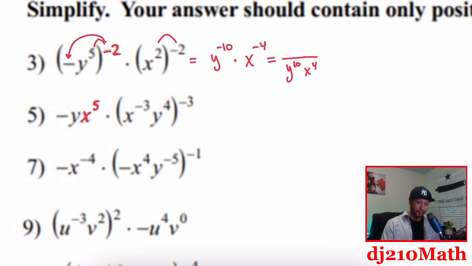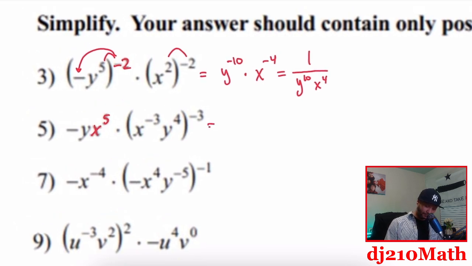What's left in the numerator? A 1. If everything moves down, then it's just a 1. And it doesn't matter if x to the 4 is first or second. This y to the 10 x to the 4 is being multiplied. It means the same thing.